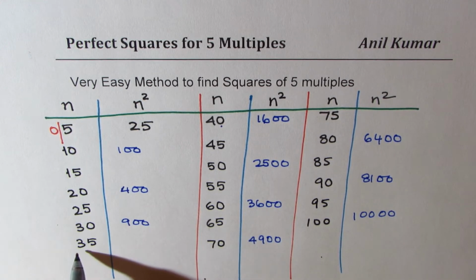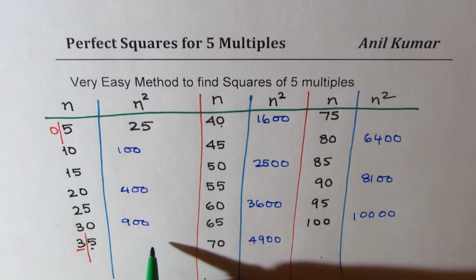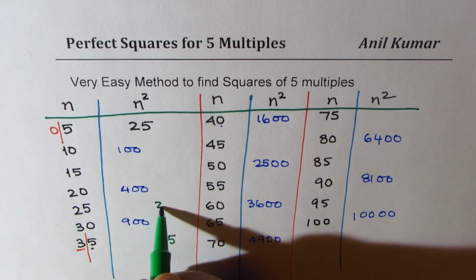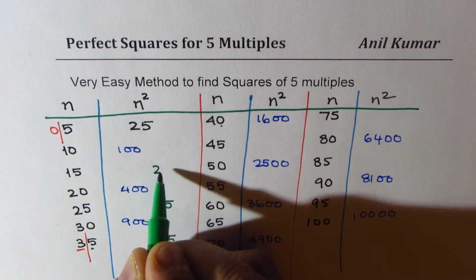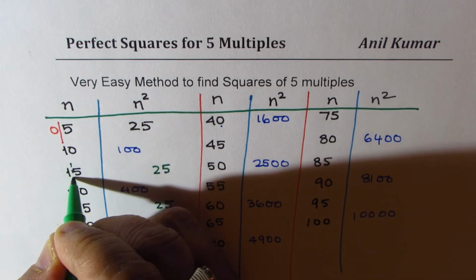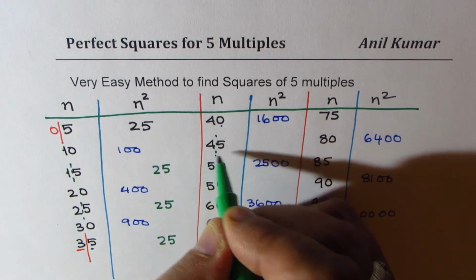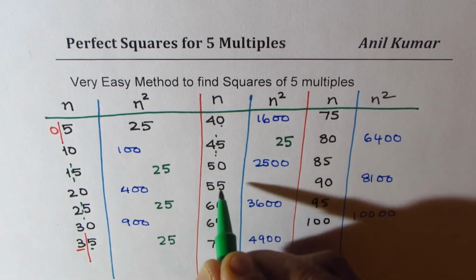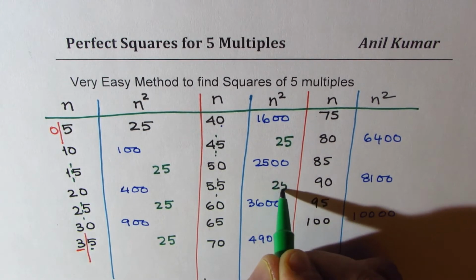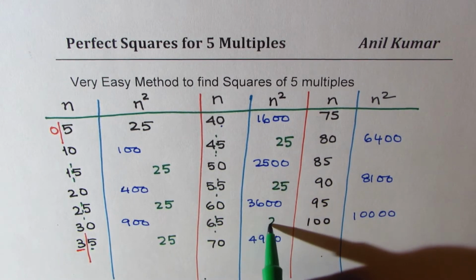Let us say we will show with 35. We'll break the number into 2 parts. We know 5 square is 25, so let me write 25 here at the end, in green. We'll write 25 at the end for all these numbers, and that is to take care of the 5. Is that clear? So here we have a 5, so we'll write 25 here. We've taken care of this 5, writing 25.